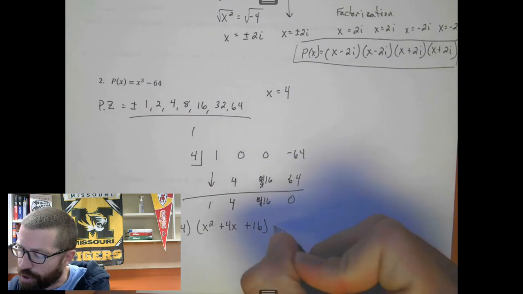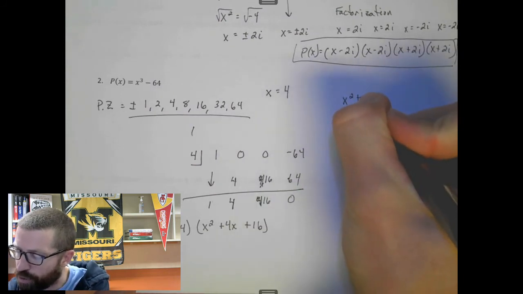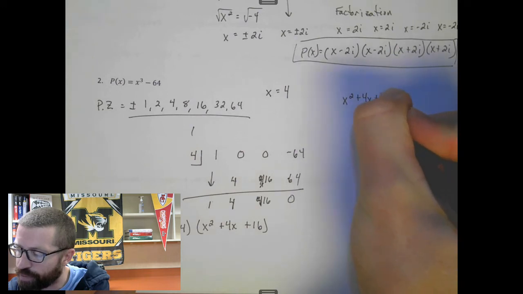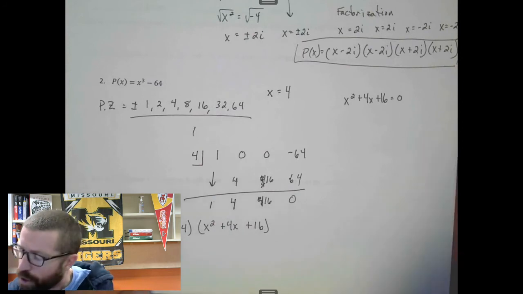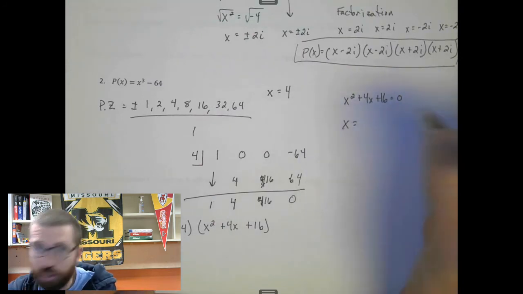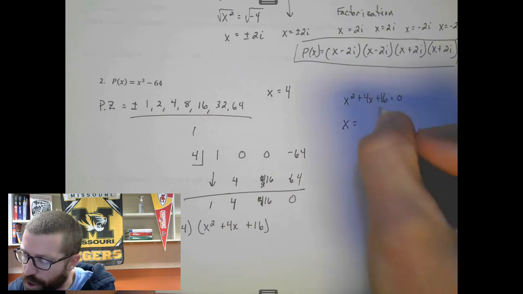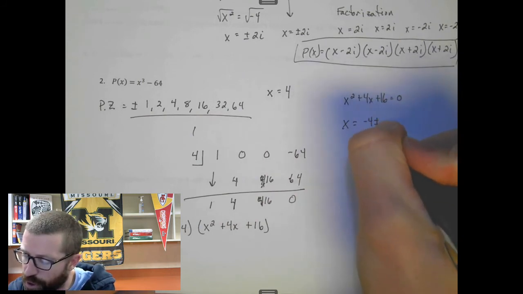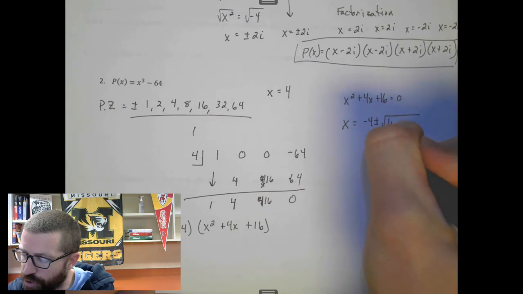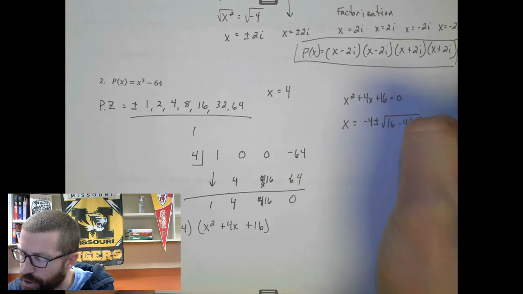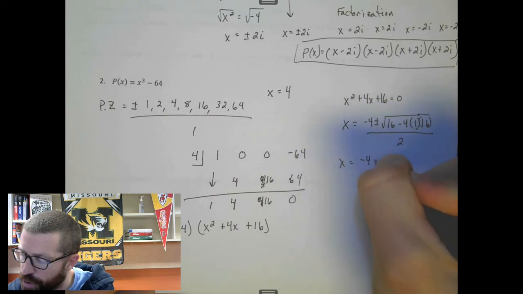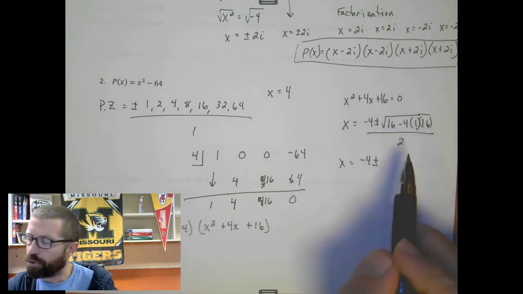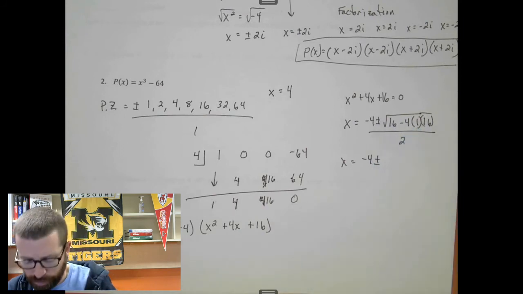If I set x squared plus 4x plus 16 equal to 0, then we have to use the quadratic formula. And so yes, this does take a little while, but that's just the nature of the problems. These are long problems. Negative b is negative 4 plus or minus the square root of b squared, 16, minus 4ac, all over 2. And then I always recommend doing this all in your calculator at once.